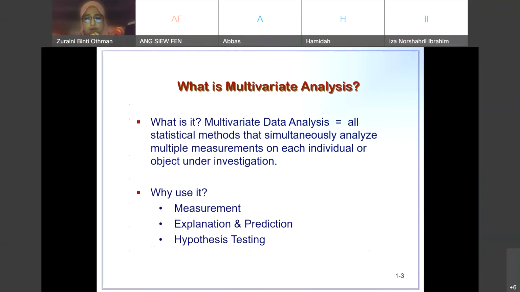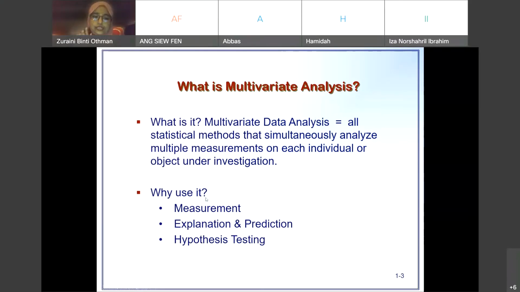For example, if our sample is graduate alumni, you want to measure his or her employment after they finish their study, and what data is involved for that particular person. This person, we call it each individual or object under investigation. That's the person that we want to investigate, and for that particular person, it involves variables to measure.